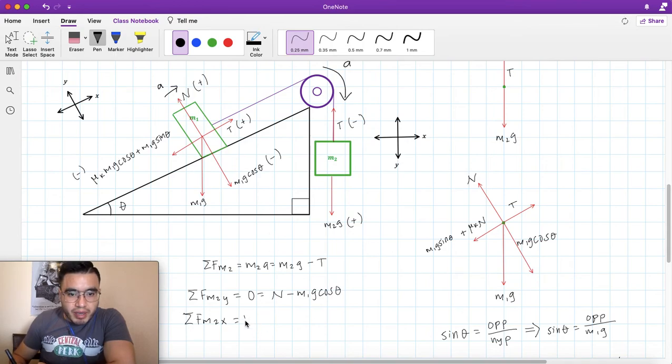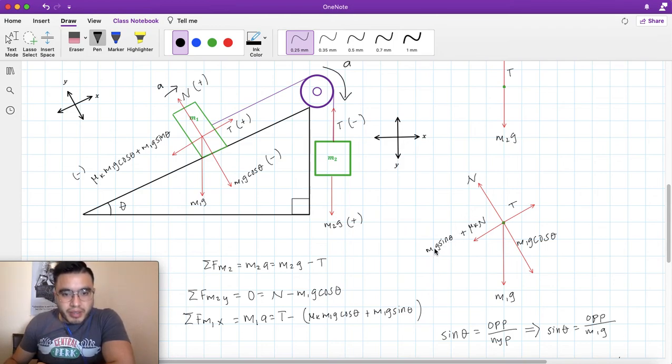There is motion, so we have mass 1 times an acceleration, which will be equal to the positive, which is the tension, minus, now parentheses, because we have to add these two together, mu sub k m1g cosine theta plus m1g sine theta. And there you go.